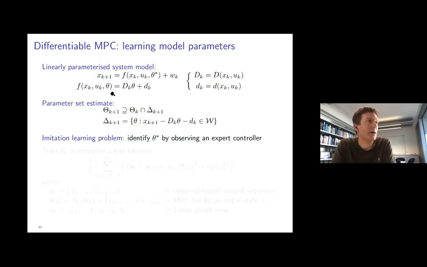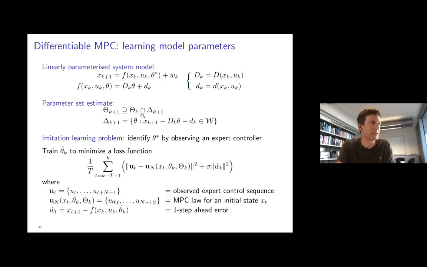Given this linear parameterization, we can use the method that I described earlier for updating the parameter set estimate based on the unfalsified set, and we can identify the point parameter estimate using a backpropagation type scheme, but projecting the gradients into our parameter set estimate in order to ensure that the point estimate is consistent with the bounds that we get from the observed evolution of the states.